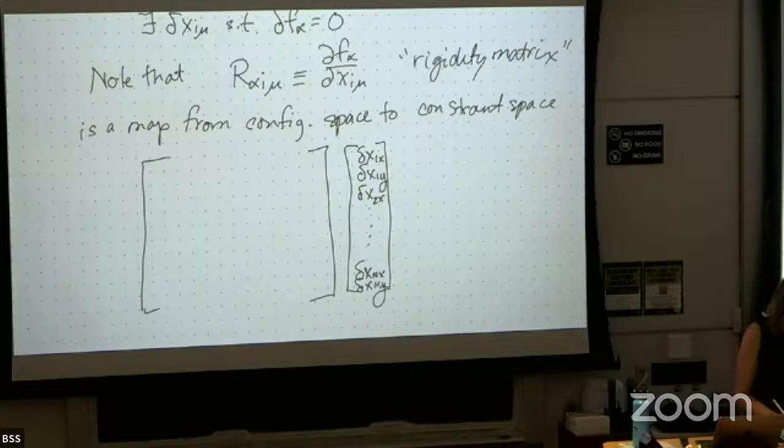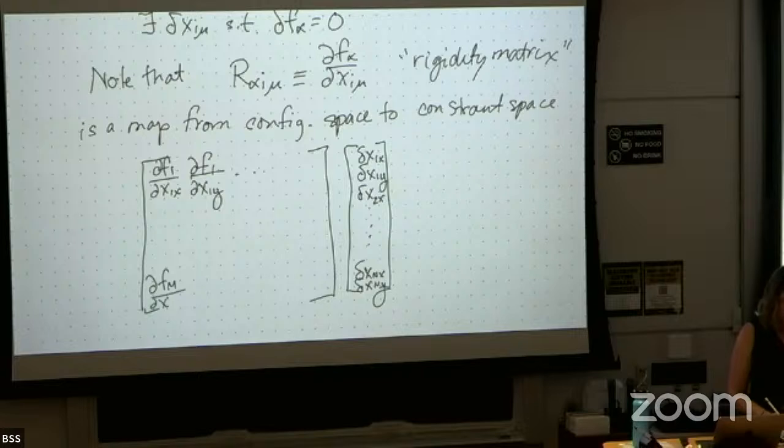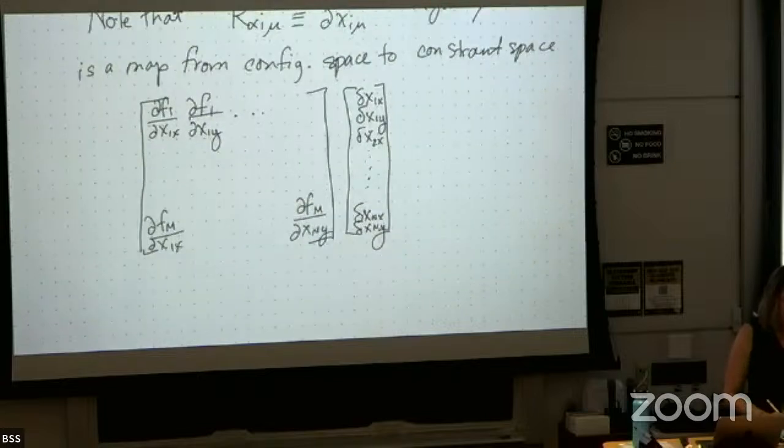And then this matrix is df1 by dx1x, df1 by dx1y, etc. And then this is dfm, there are m constraints, by dx1x, okay? And this is dfm by dxny. So, right, this is our R, and we're dot producting it with this dx vector, right?